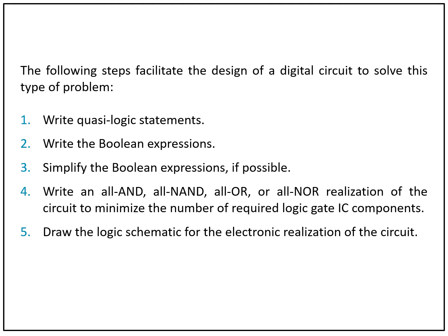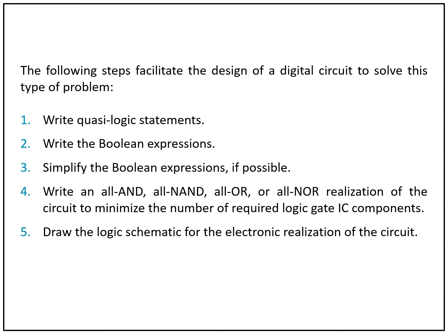There are a few steps that can help in the design of digital circuits, similar to the one we are trying to design here. The first step would be to write quasi-logic statements, then write the Boolean expressions based on the quasi-logic statements, simplify the resulting Boolean expressions whenever possible, then use Boolean algebra to write the expressions in all AND, all NAND, or all NOR form.